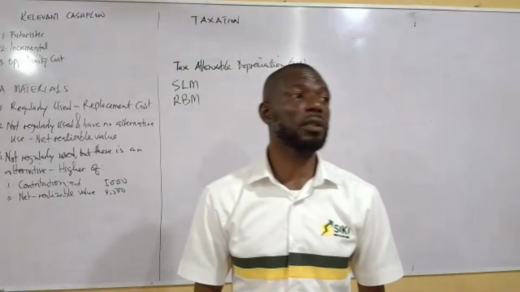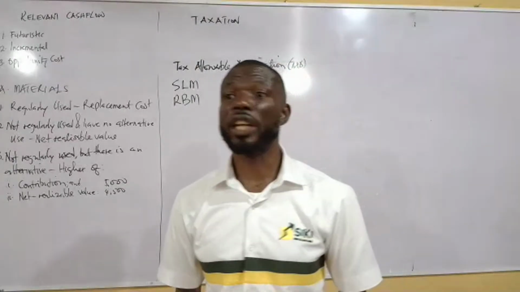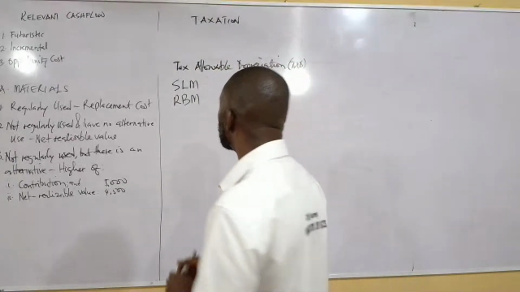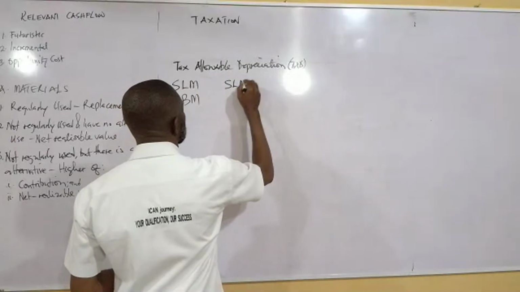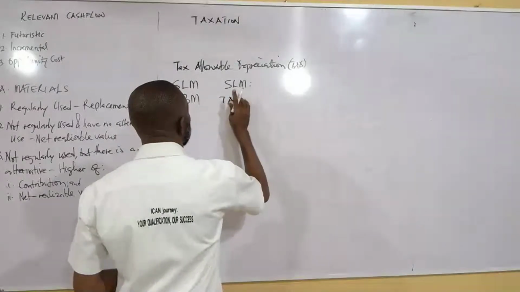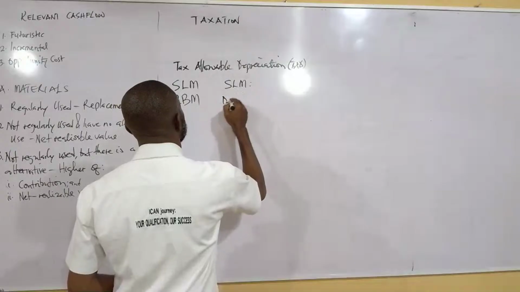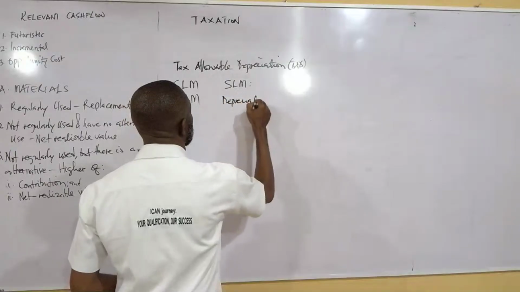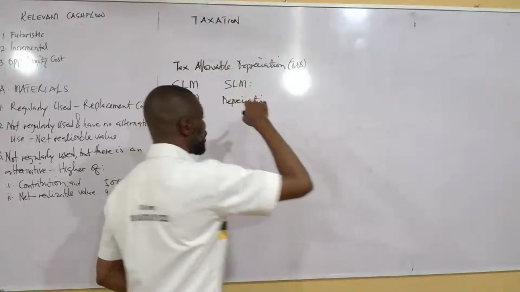Under the straight line method, generally, depreciation has not come to tax allowable depreciation.